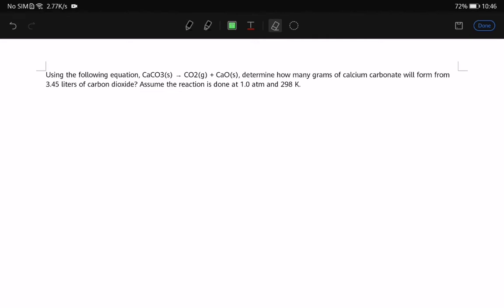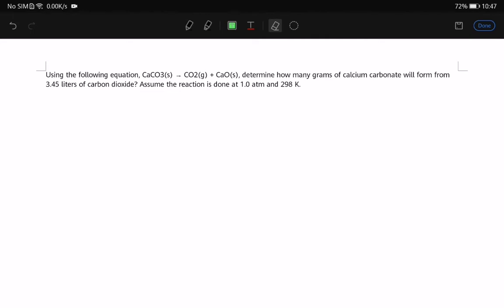Using the following equation, calcium carbonate produces or decomposes into carbon dioxide and calcium oxide. Determine how many grams of calcium carbonate will form from 3.45 liters of carbon dioxide. Assume the reaction is done at 1 atm and 298 Kelvin.